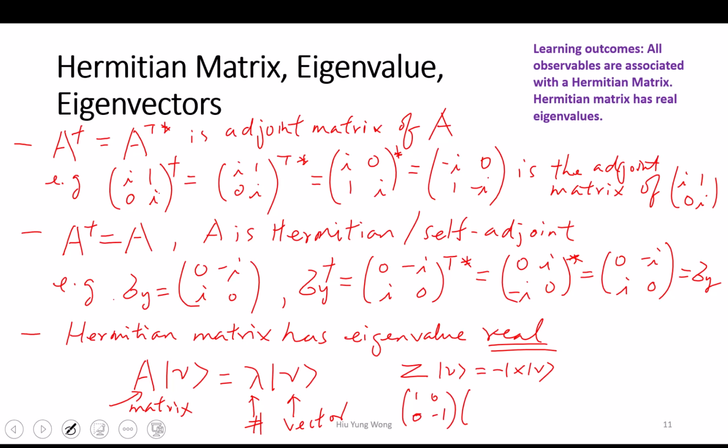It times 0, 1 equals negative 0, 1. You can see that, right? This is like -1 times 0, 1. So the eigenvector here is 0, 1, and the eigenvalue here is -1. Is that okay?